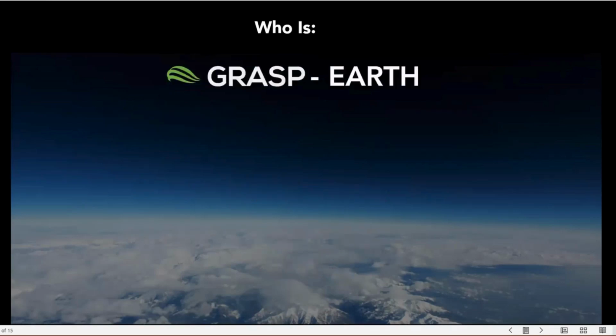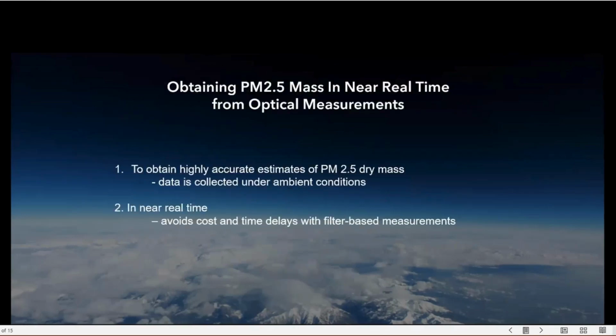Now, I just wanted to run back up here for a second and talk about why obtaining PM2.5 mass in near real time is important. And well, don't we do this anyway? Many instruments will give you estimates of PM2.5.